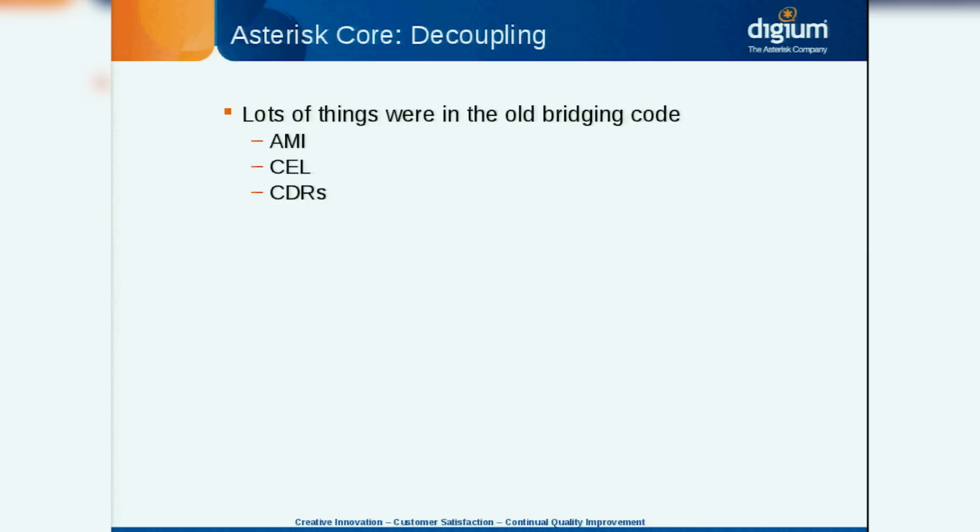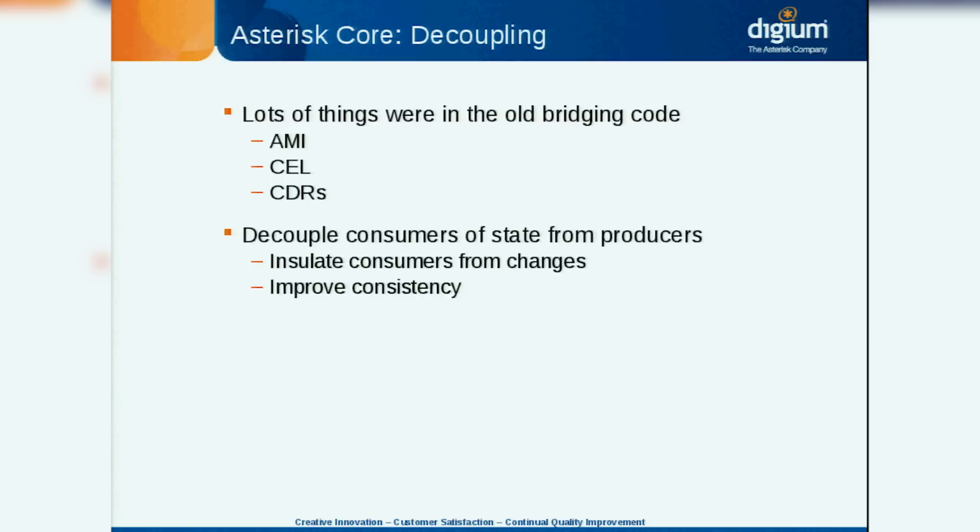We either have to reproduce all of that code in the bridging framework, which is really not a good idea, or we have to find some way for these subsystems to be notified of what is going on in the bridges. So the goal here is to decouple the consumers of state, AMI, CEL, CDRs, from the producers. And that lets us not only insulate these subsystems from changes in bridging, but also allows us to improve consistency in those different things.